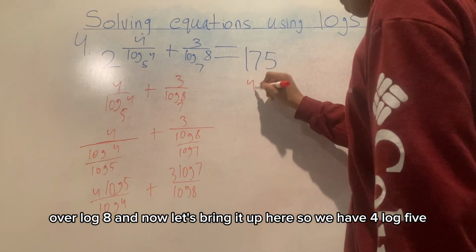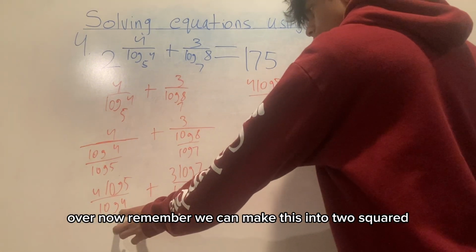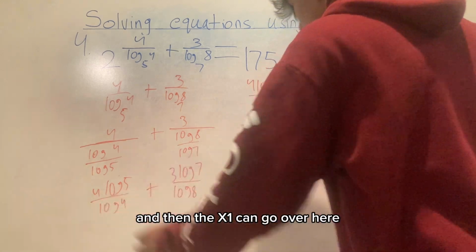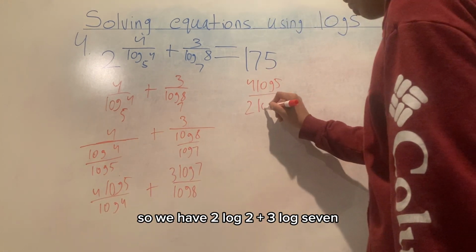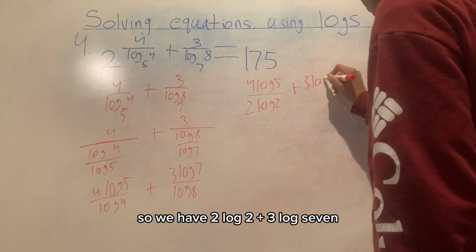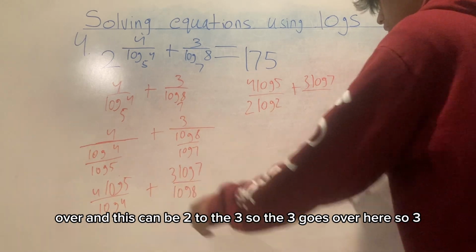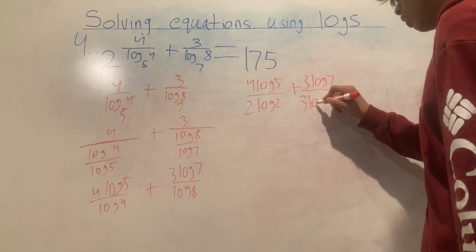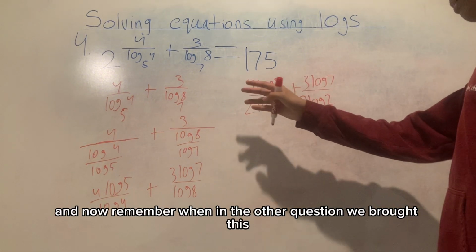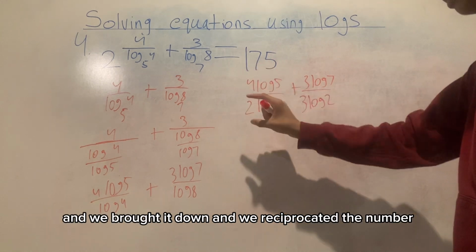And now let's bring it up here. So we have 4 log 5 over, now remember, we can make this into 2 squared, and then the exponent can go over here. So we have 2 log 2 plus 3 log 7 over, and this can be 2 to the 3, so the 3 goes over here, so 3 log 2. And now, remember in the other question, there was a 1 over 2 and we brought it down and we reciprocated the number.